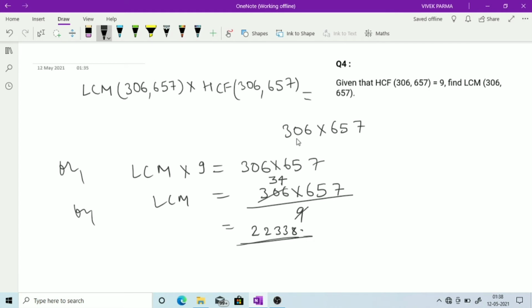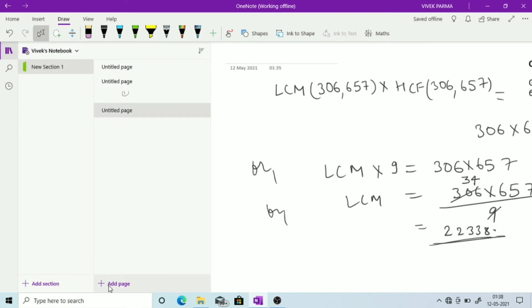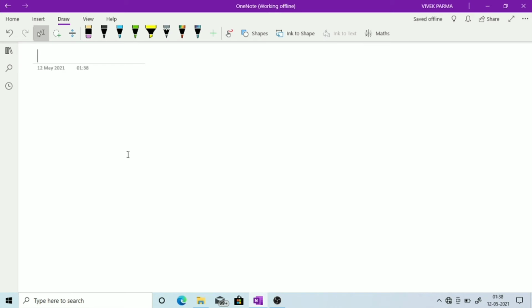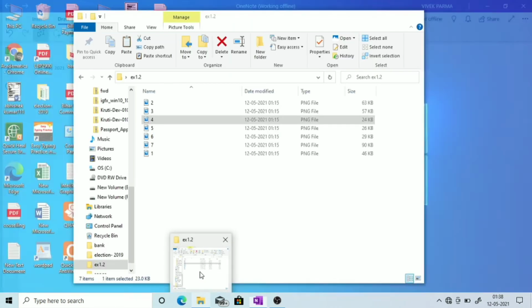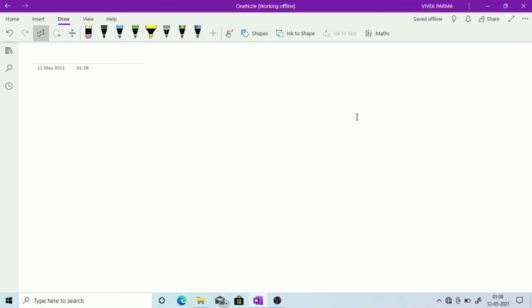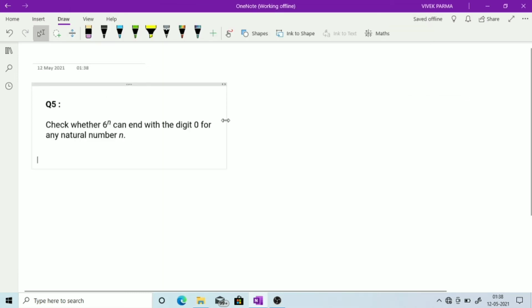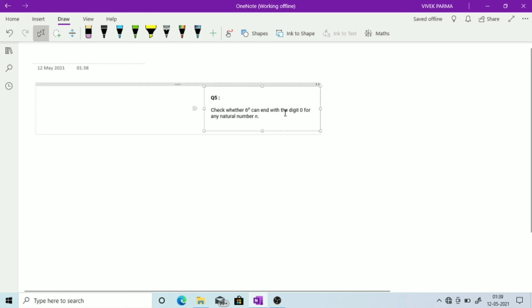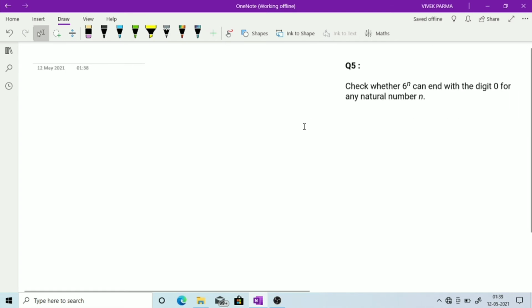So now we are moving to the next question. The question is, check whether 6 to the power n can end with the digit 0 for any natural number.